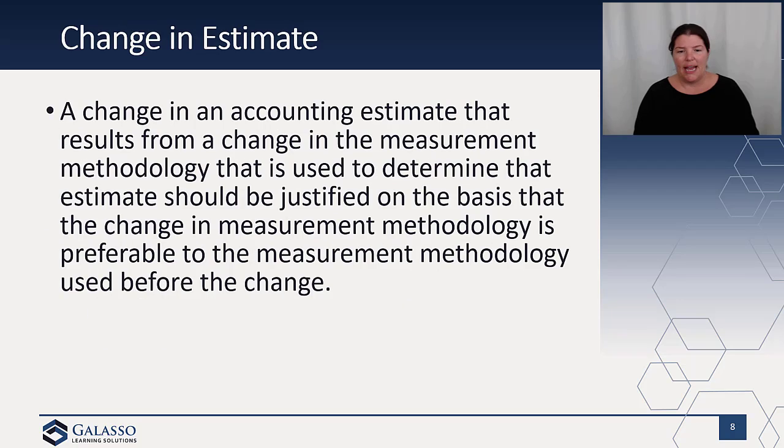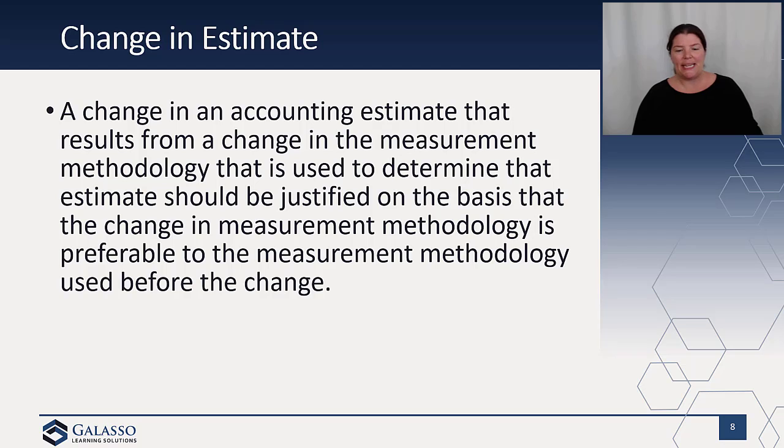And in this scenario, when we have a change in accounting estimate, again, this is a change in measurement methodology, it has to be justified on the basis that the change is preferable. So thinking about understandability, reliability, relevance, timeliness. So again, GASB 62 obviously referred to both outputs and inputs, but they're trying to really bring this in here.